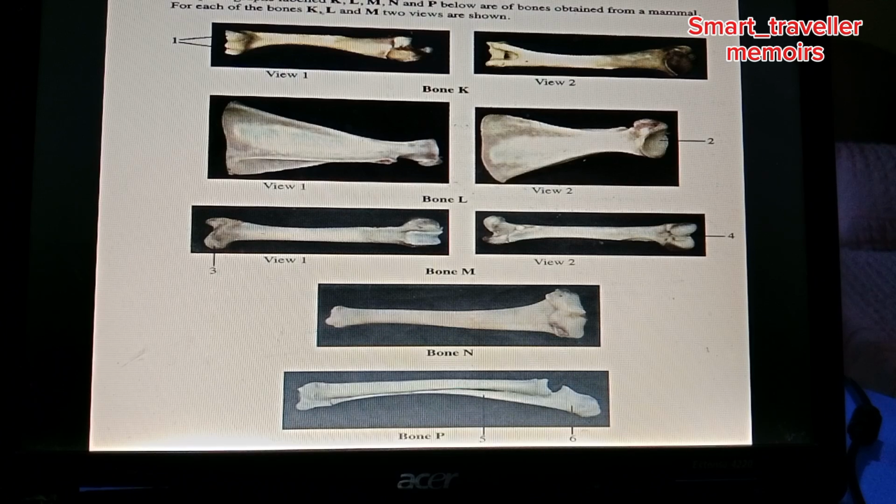So we have 1, 2, 3, 4, 5, 6 labels. Bone N is not labeled.